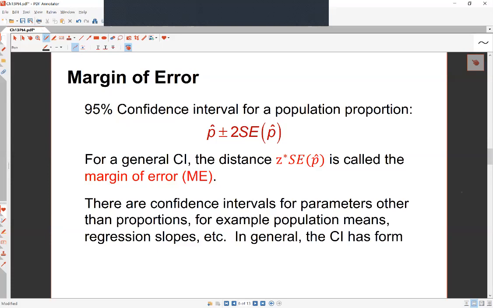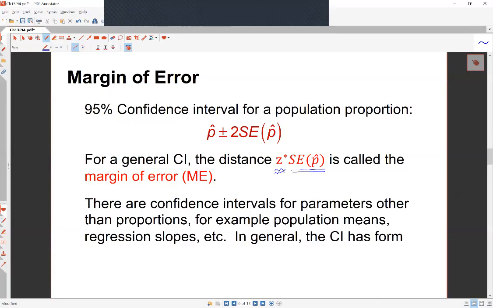In a more general instance, if we're not specifically doing 95%, but if we're doing some level C%, corresponding to that C%, you're going to calculate a value Z star, and then for the confidence interval, you're going to multiply that by the standard error.